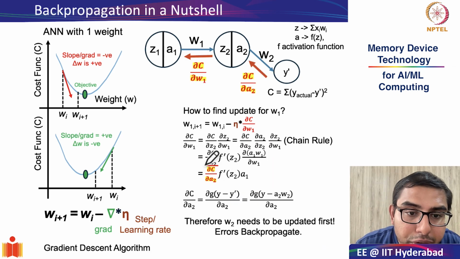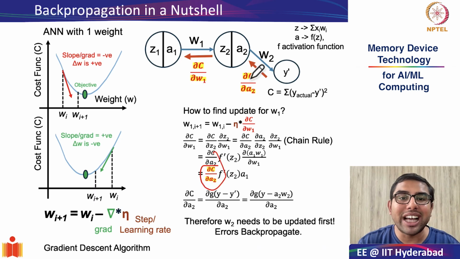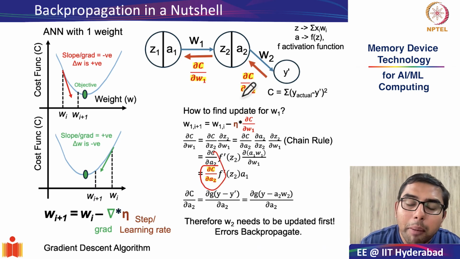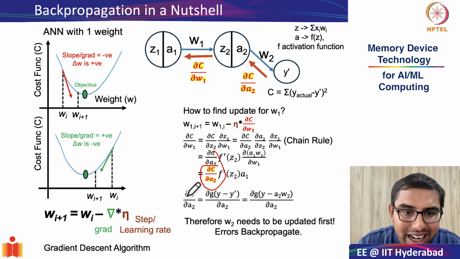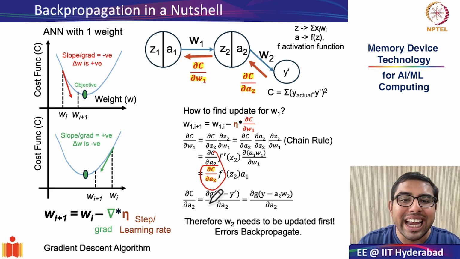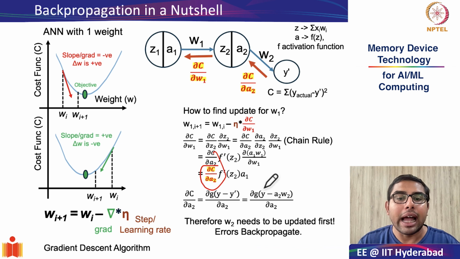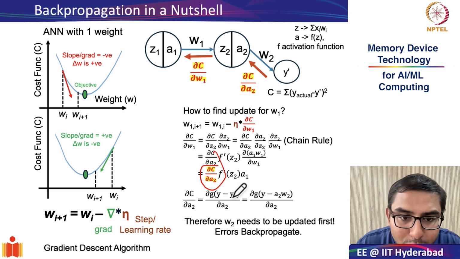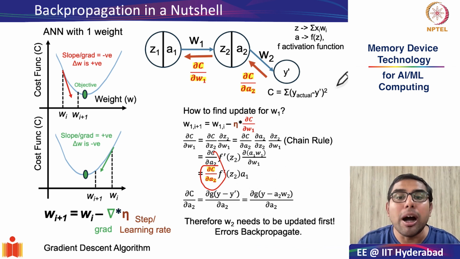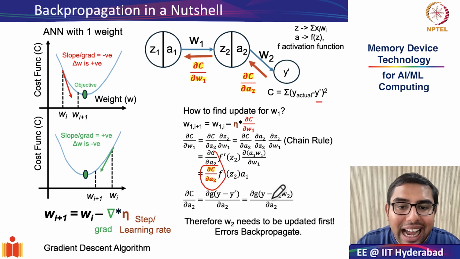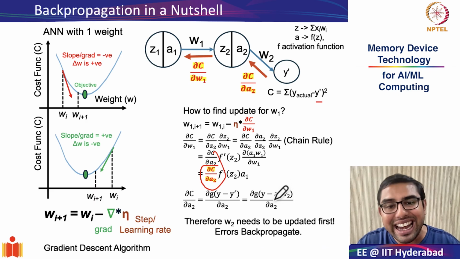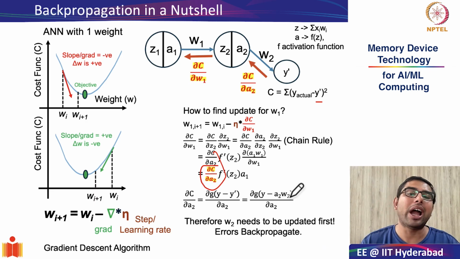Next, we look at the first term. The first term, as you can see, is ∂C/∂A2. If you expand out ∂C/∂A2, it is nothing but ∂G, where G I have just approximated to be the cost function, (y minus y dash), by ∂A2. And within y dash, which is the computed value, you see that it will then in turn depend on A2 and W2.